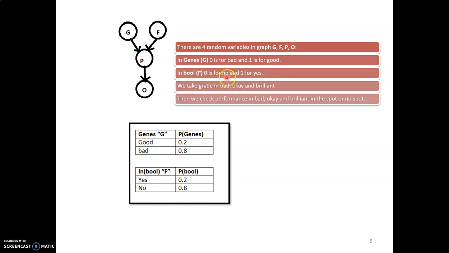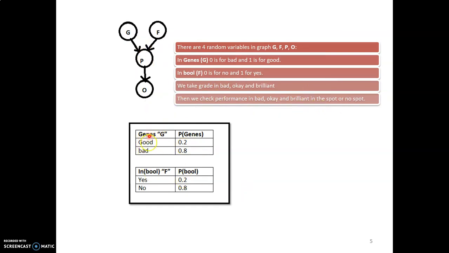Here 0 is for no and 1 for yes. Then the random grade, we take the grade as bad, okay and brilliant. Here we consider 3 states. Then we check the performance as bad, okay and brilliant, in the spot or no spot.